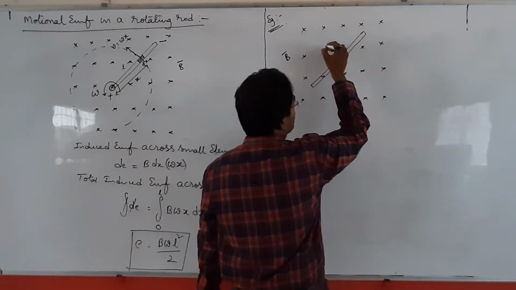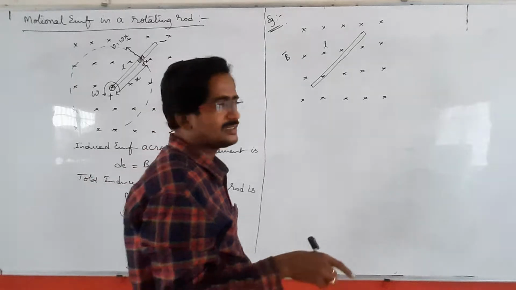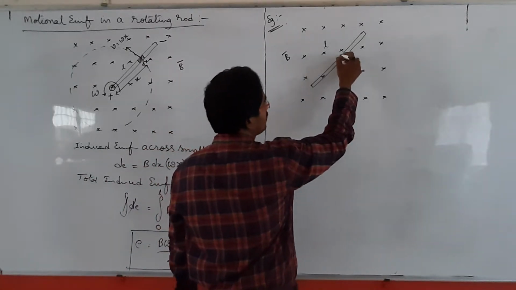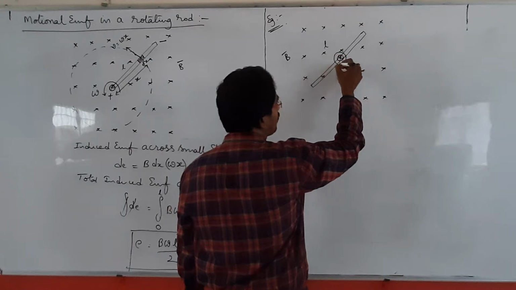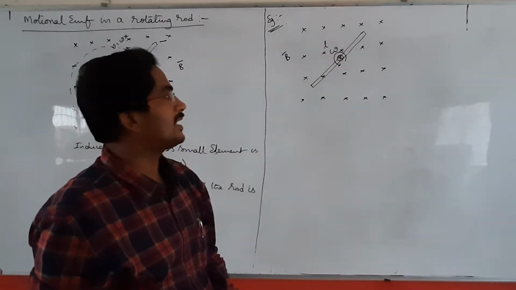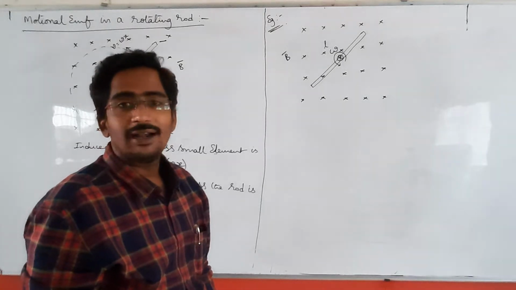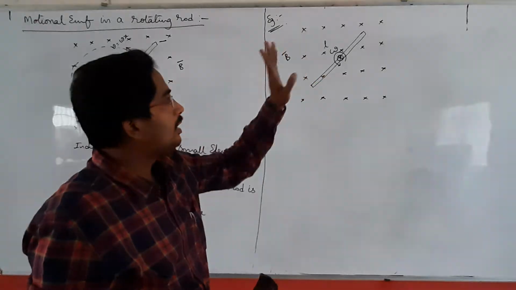Its length is L, and we are rotating it about its center with angular velocity omega in the anti-clockwise direction. Then what is the induced EMF across this rod?